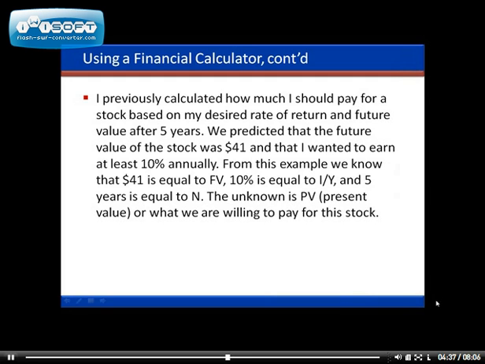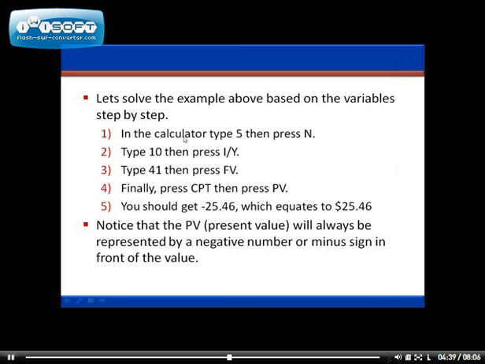So what we did was, in the calculator we typed 5, then we pressed N. We typed 10, and then we pressed I/Y. And then we typed 41, then we pressed the future value.